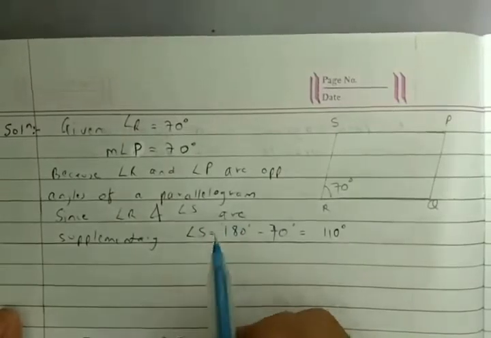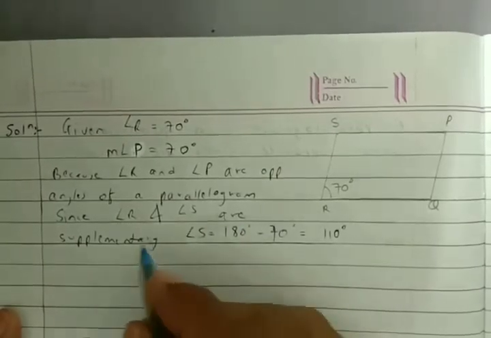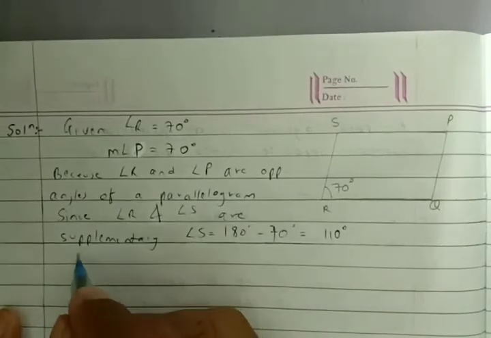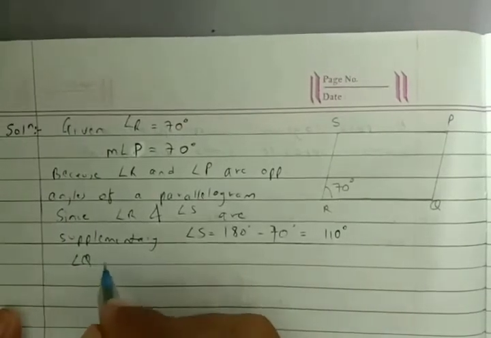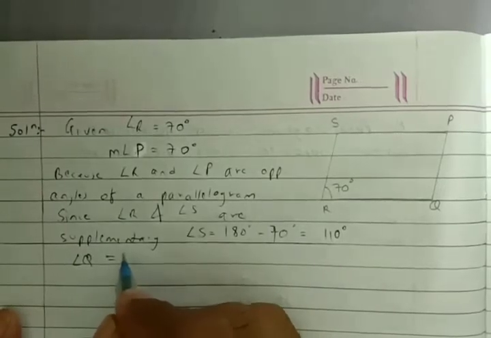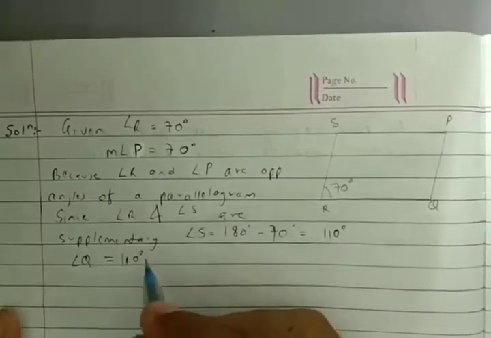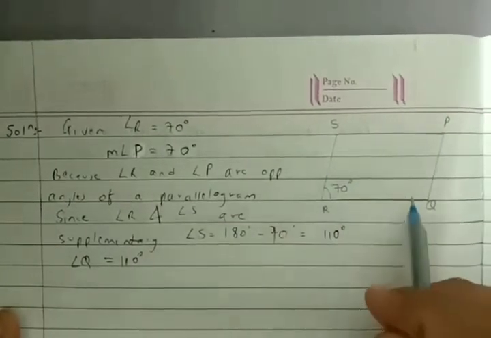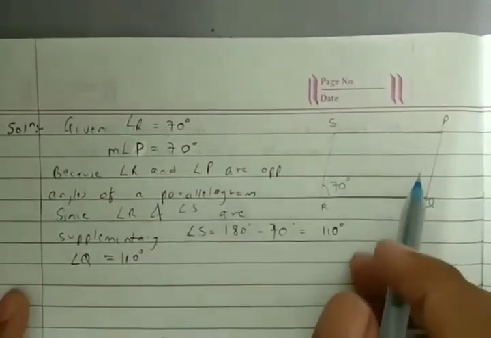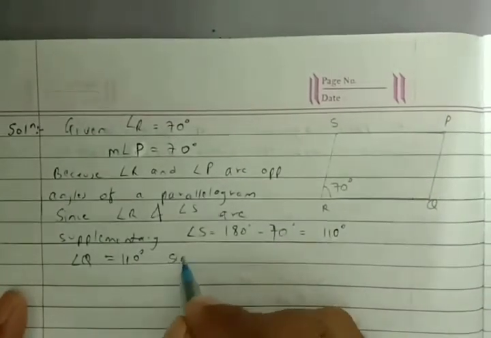Now angle Q. Angle Q will be equal to 110 degrees. Why? Because they will be opposite angles of a parallelogram. You have to write the reason.